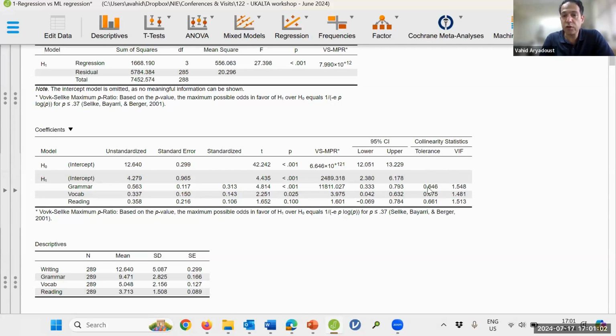On the other hand, the tolerance is the opposite of the pattern, which is also indication of the lack of multicollinearity. So in this scenario, for the first analysis, we have enough evidence that definitely all of the assumptions of our linear regression model are met.